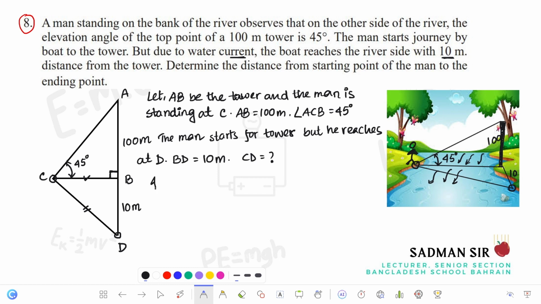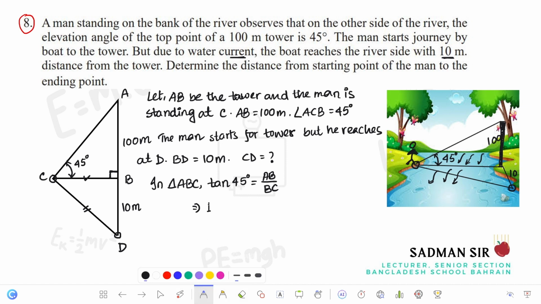So in triangle ABC, I already mentioned that we have to apply tan. So tan 45 equal to opposite by adjacent; 45 degree opposite is AB and adjacent is BC. So AB by BC. Now tan 45 has a value of 1.